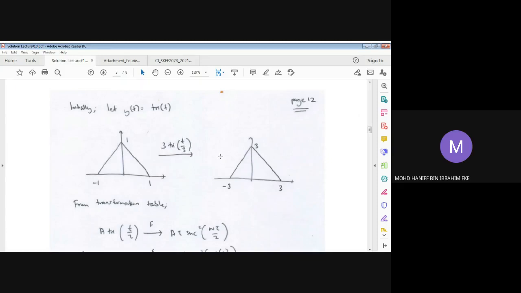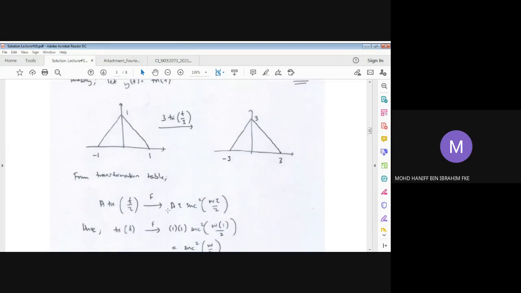From here, we know that there should be two operations or two properties involved. The first one is linearity, when we have a multiplication with 3. The second property involved is time scaling. Now we can simply find the Fourier transform for the 3 triangular t divided by 3 time domain signal. We are referring back to the table; this is the equation extracted from the table.